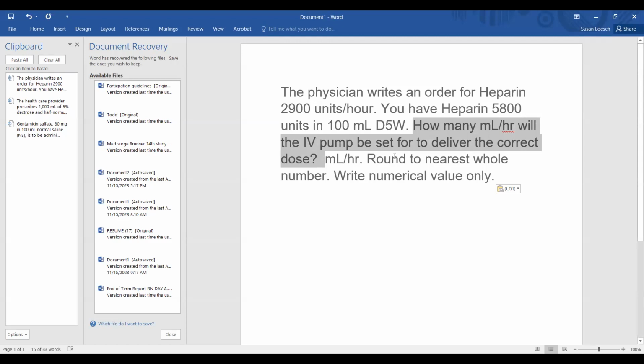Oh, I'm sorry, I'm looking at this wrong. So this is desired over half when we do have the desired dose, and we have what we have on hand, right? We have both of those things. Okay, so write those down because those are your givens.